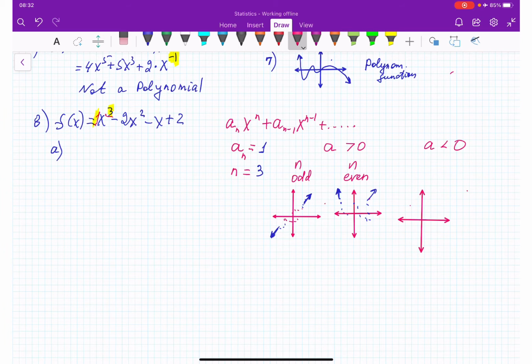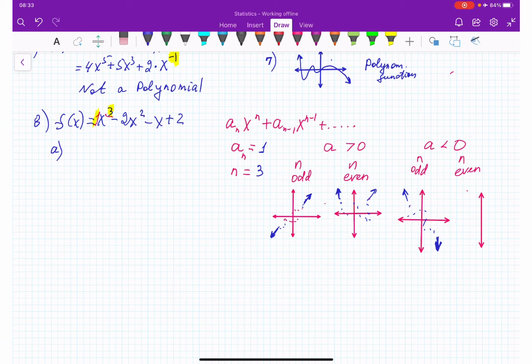Now we will have a less than 0 again, n is odd, and we will have n is even. So when n is odd, then the left end behavior goes up, the right end behavior goes down. What is in the middle, obviously, nobody knows for the template.